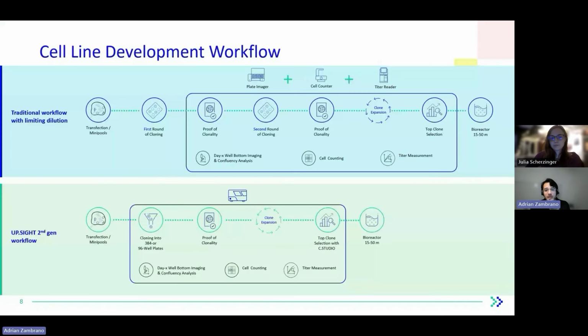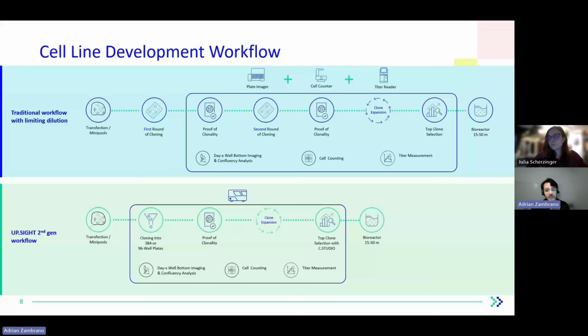To give you a more precise overview of exactly what part of cell line development we're talking about, I'm going to show you these two general workflows. You may be familiar with the top one, where you use limiting dilution and take multiple instruments: you image what you have seeded in the plates, another instrument for cell counting, another instrument for titer.